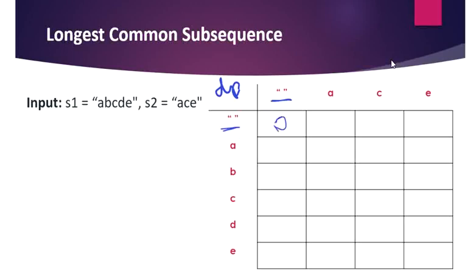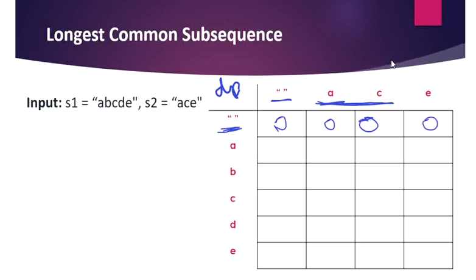Now moving on to character A, we compare the empty string and A. There is no common character, so again we fill 0. Here we compare the empty string and the substring AC. There are no common characters, so we fill 0. The same way, we fill 0 at the last cell as well.